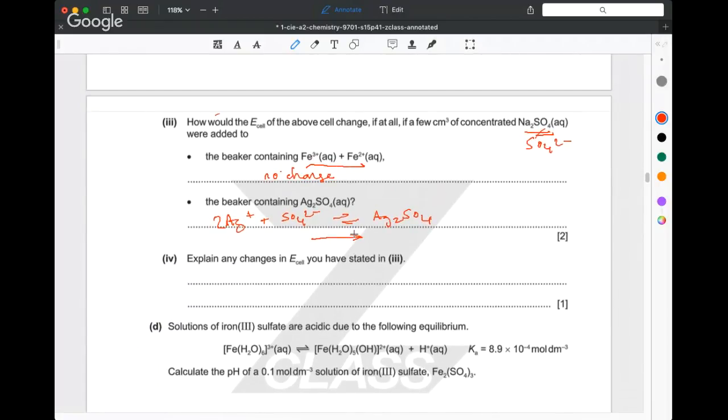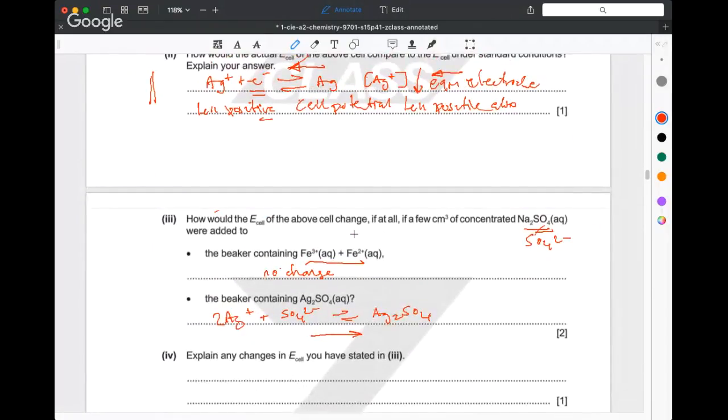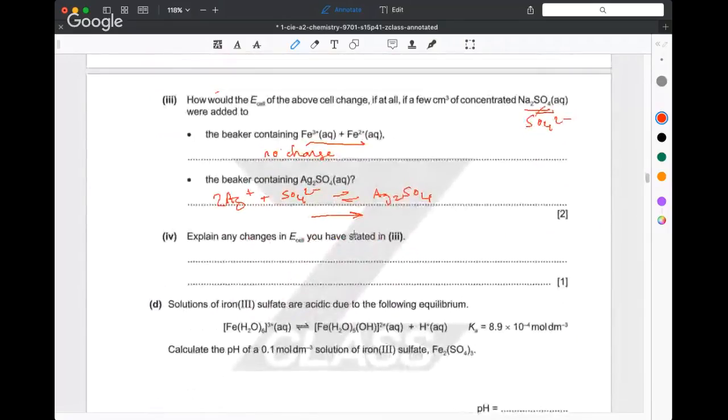And so we just need to follow exactly the same logic as before: the silver ion concentration is being decreased as far as the electrode is concerned. Remember, the electrode reaction is this, isn't it? That equilibrium. So if we decrease the silver ion concentration, the position of equilibrium shifts to the left.